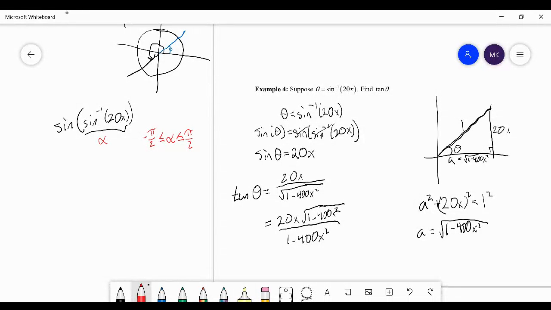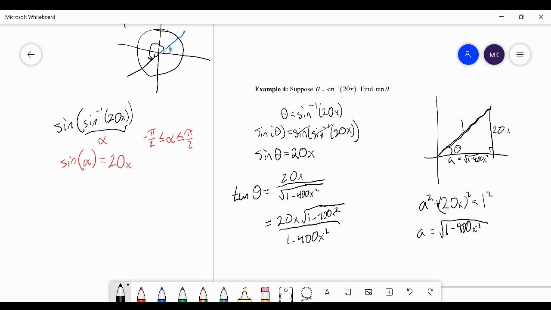And it doesn't matter because that goes into sine and whatever that angle is. So then we end up with sine of alpha. And I know that must equal 20x. The reason I know that must equal 20x is because the inverse sine of 20x was alpha.